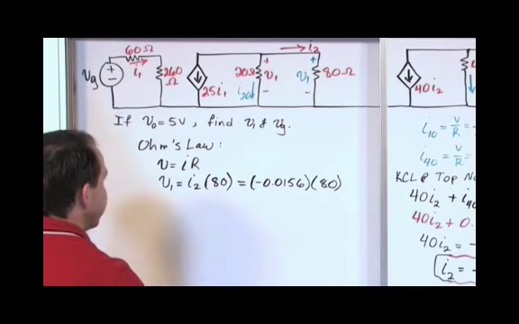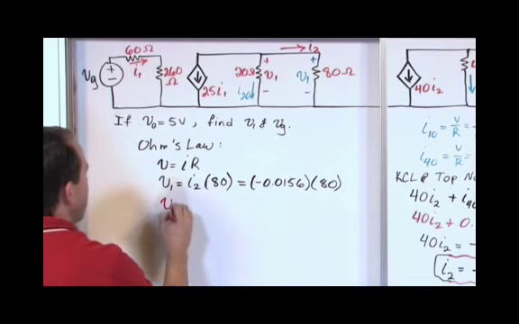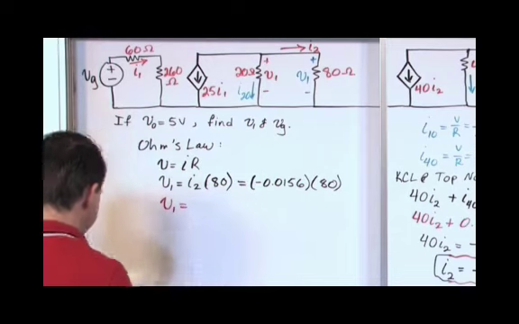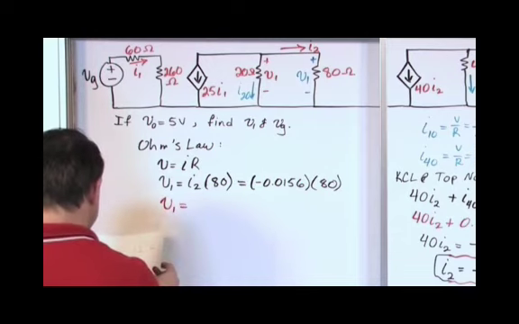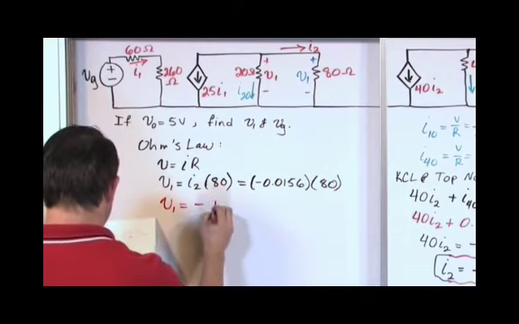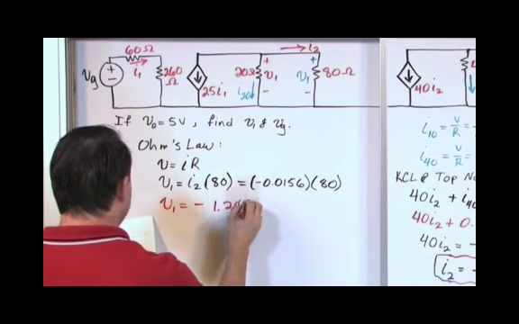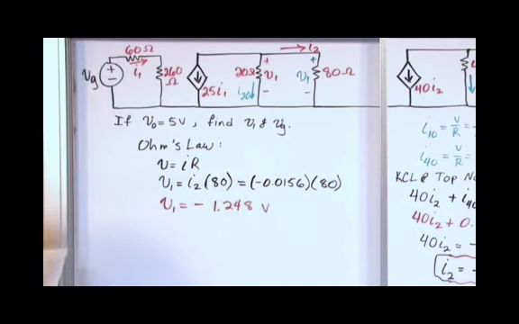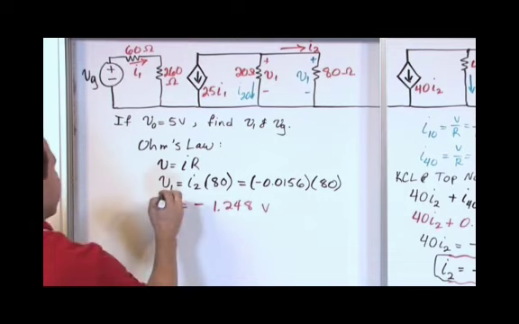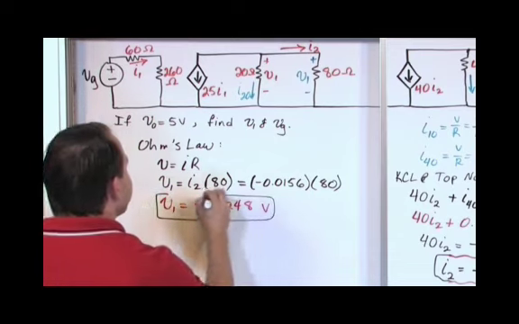And what we get in the end result is V sub 1 is equal to negative 1.248 volts. All right, and I'm going to circle this because this is one of the answers we were seeking.